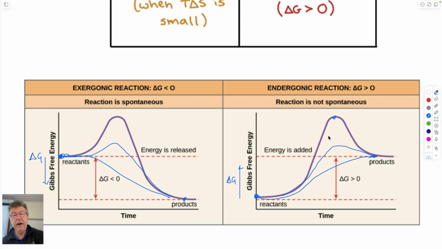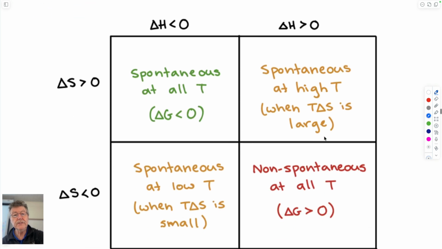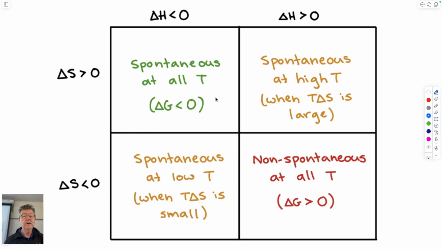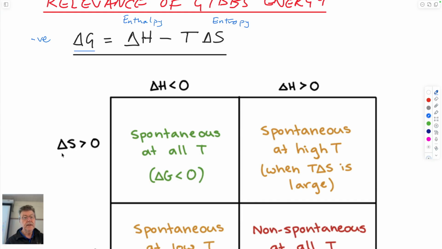And so this defines these 4 different zones. So in this particular case, if the change in entropy is greater than 0, so this is positive, this would be negative.